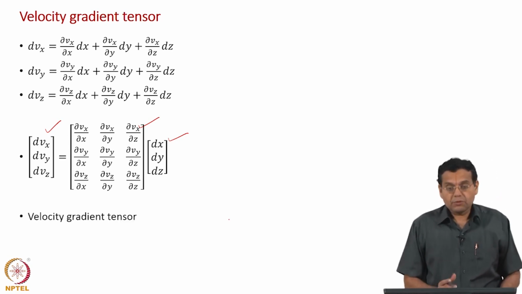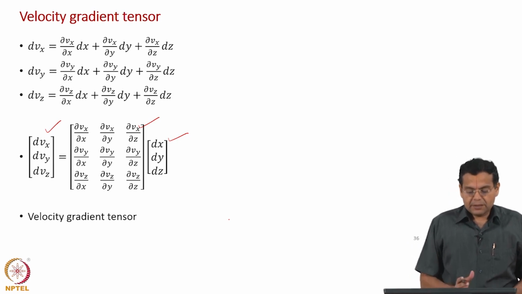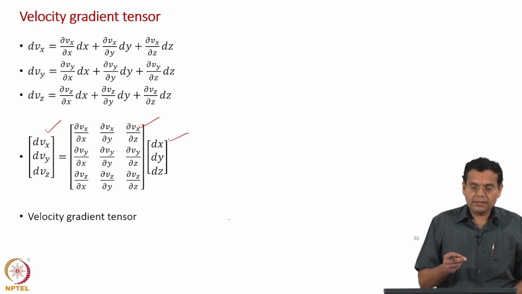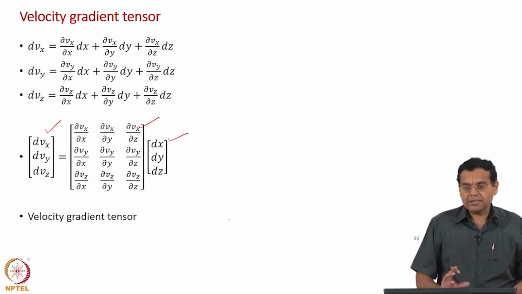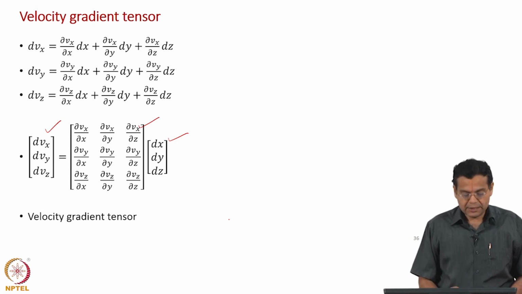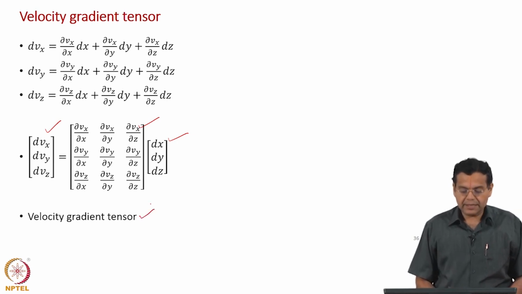Okay. Why is it a tensor? First, velocity has three directions. Now, we are looking at the gradient of the velocity. This gradient can be along three directions. So, totally giving us 9 combinations of directions, and hence it is a velocity gradient tensor.